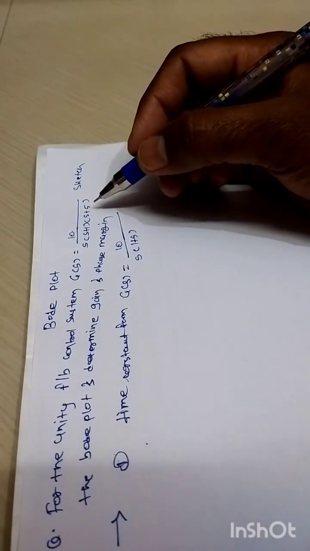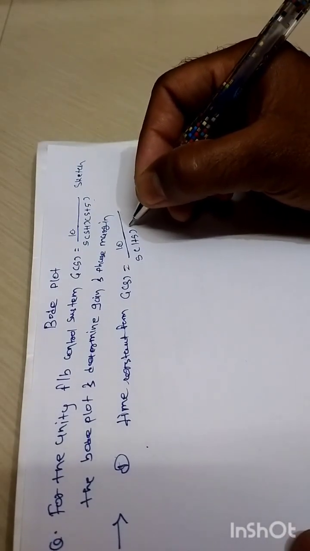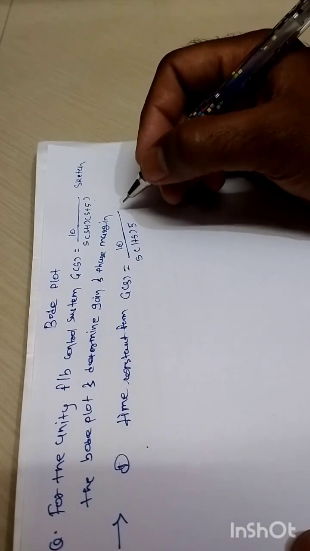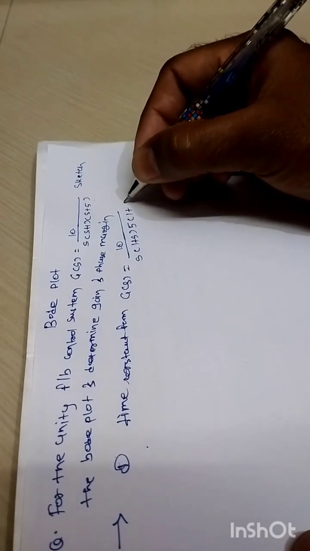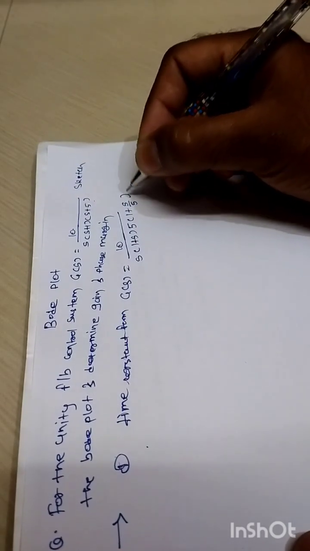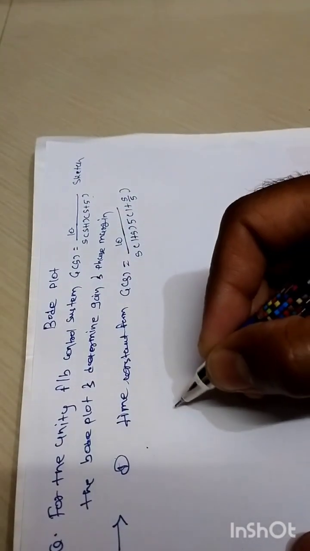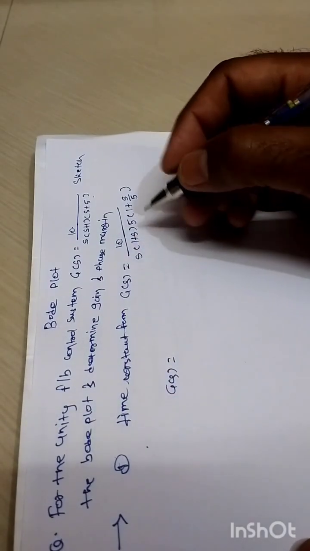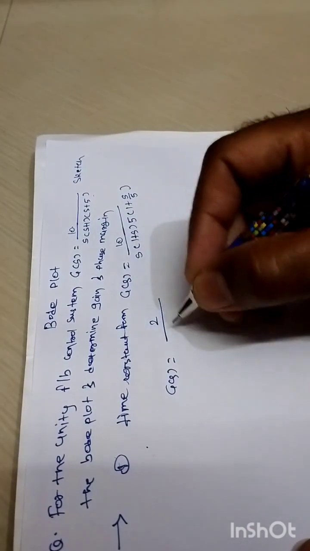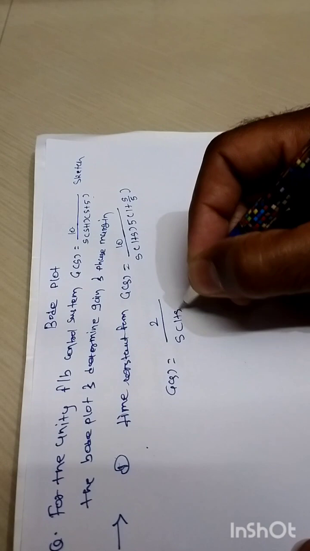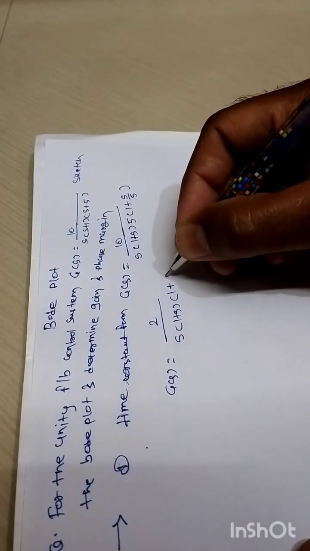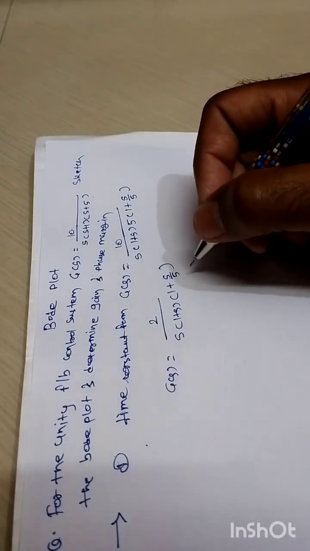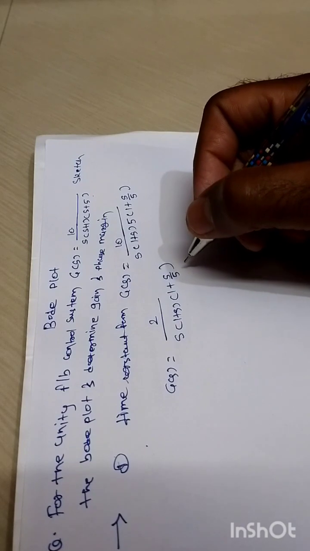Similarly, s plus 5: 5 can be treated as a common term, so it becomes 5 times (1 plus s over 5). So G(s) = 10 divided by 5, which is 2, over s times (1 plus s) times (1 plus s over 5). In this way, the given OLTF is rewritten in time constant form.